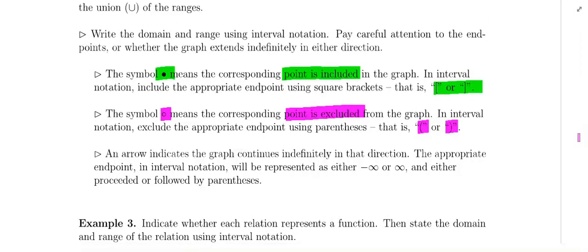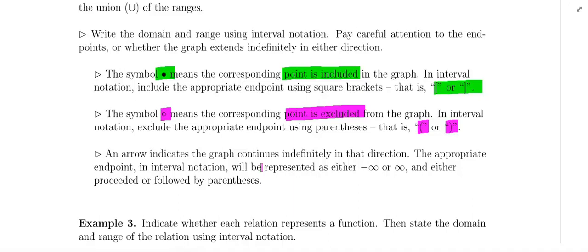The appropriate endpoint in interval notation will be represented as negative infinity or positive infinity, and either preceded or followed by parentheses. We saw infinity and negative infinity when we were talking about domain in section 3.1. Remember, those are just symbols to indicate that your graph continues indefinitely in one direction or the other. You use parentheses on either of those symbols because they're not numbers, they're just symbols.